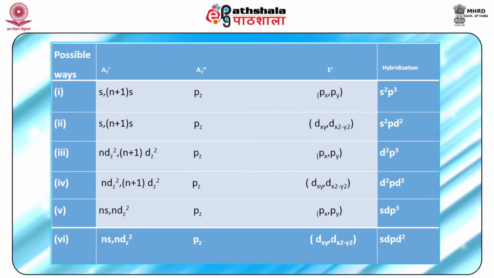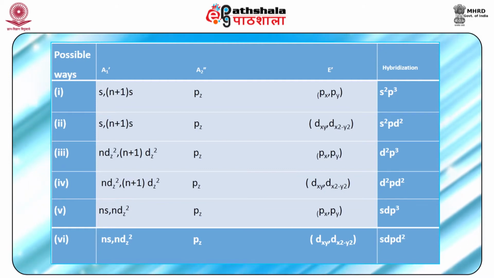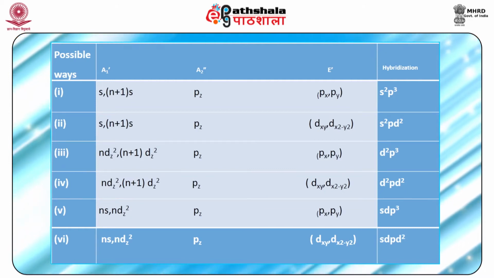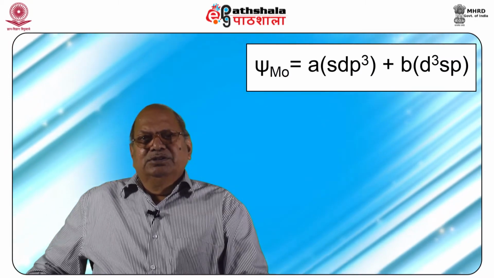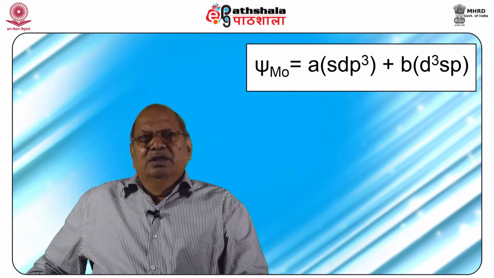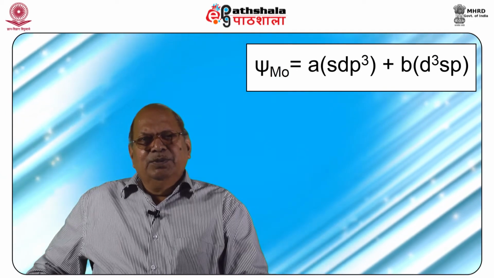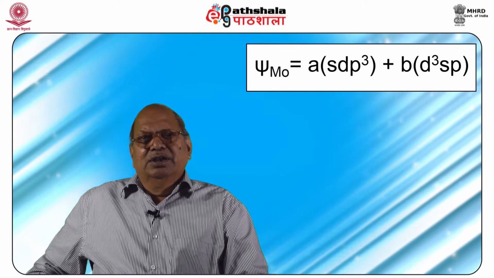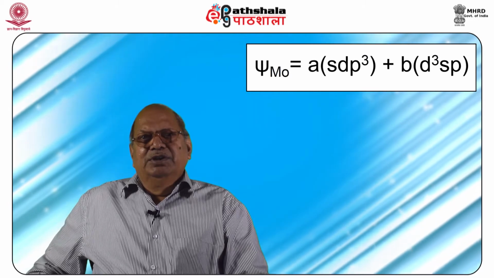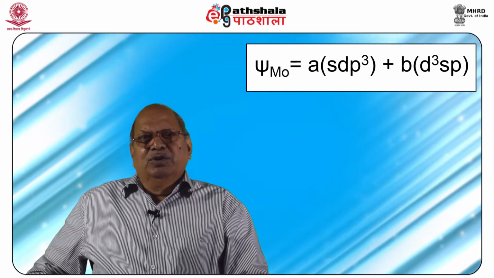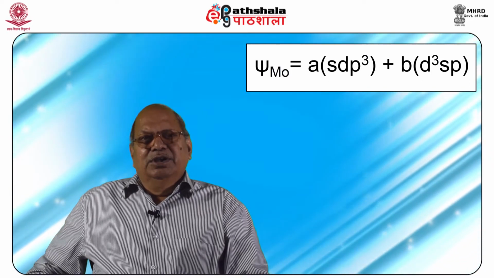For molecules like MoCl5, molybdenum pentachloride, both combination 5 and 6 are of equal importance. So for MoCl5, the hybrid orbitals on central molybdenum are A times sdp3, B times d3sp, where A and B are nearly equal, that is 5 and 6 combinations contribute equally to the hybrid orbital. For phosphorus, generally we take only A times sdp3.